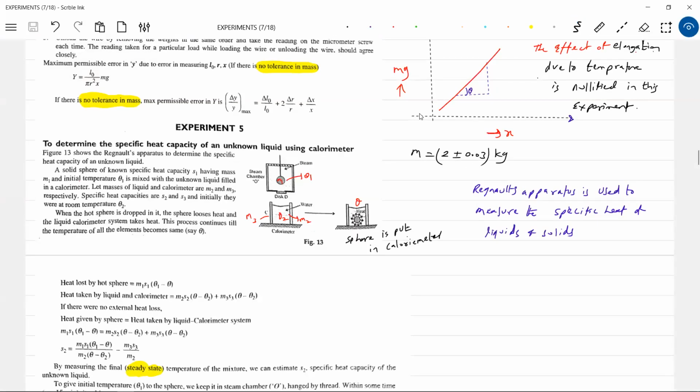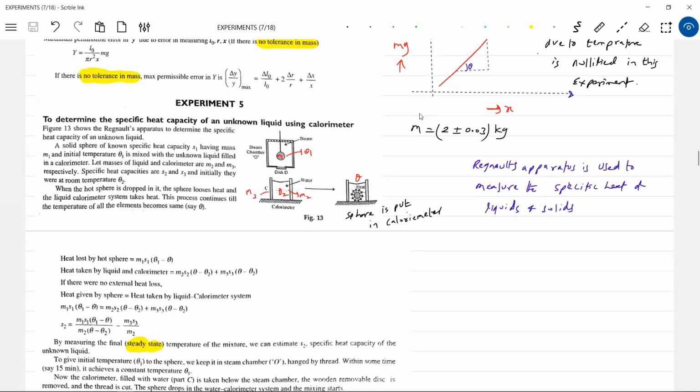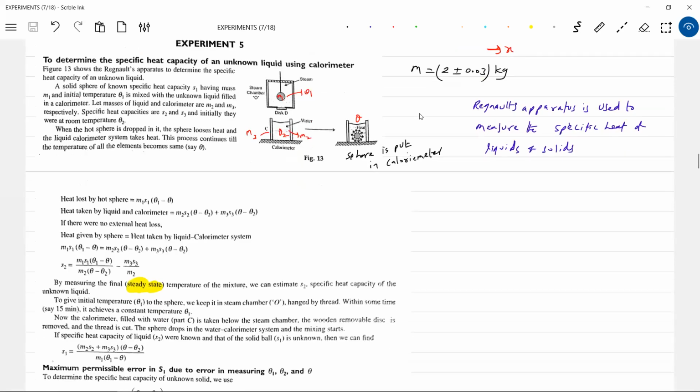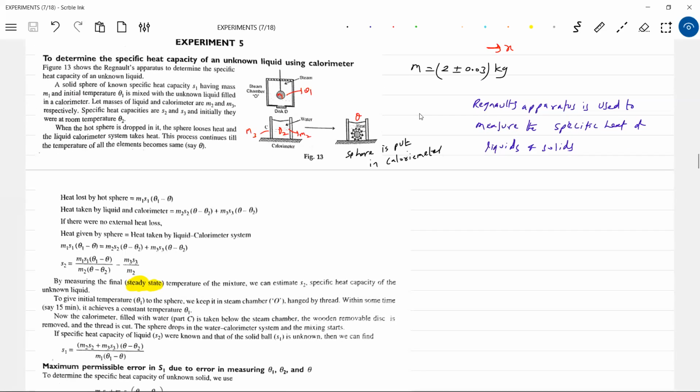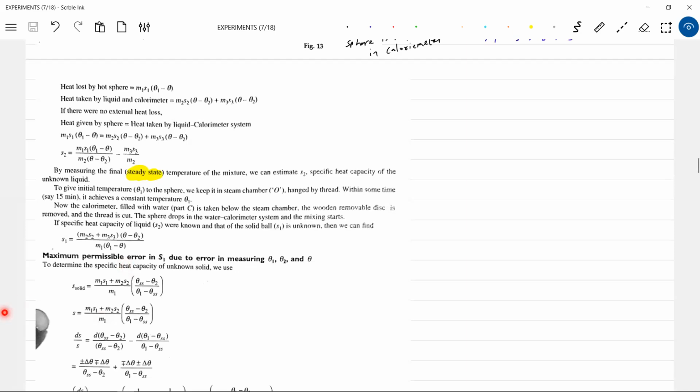For solids, this one is unknown. He's asking what the possible errors are. I think you know error analysis. Carry on with that.